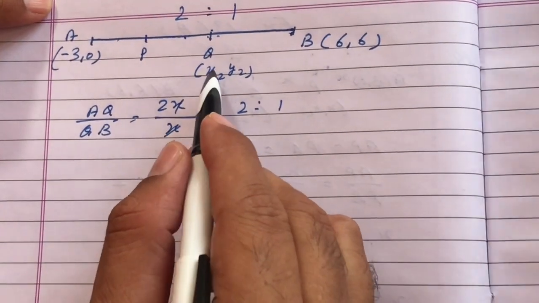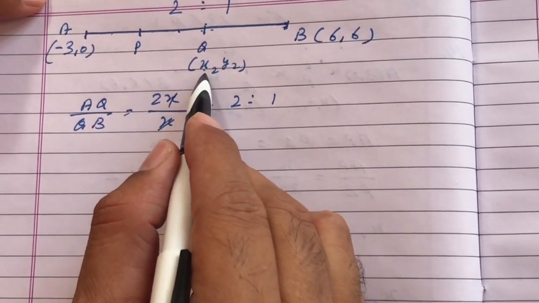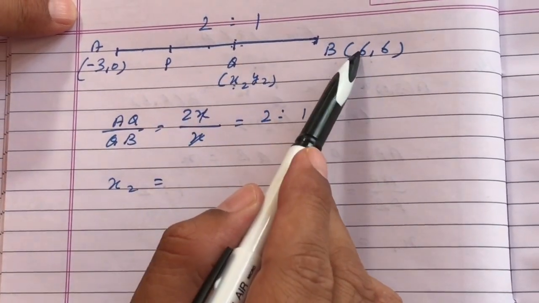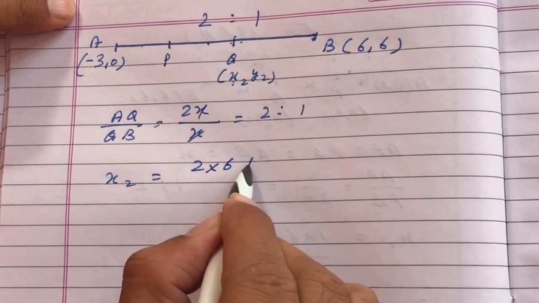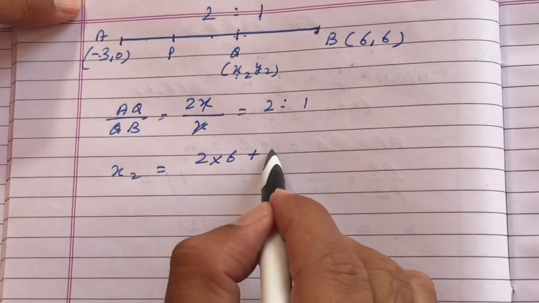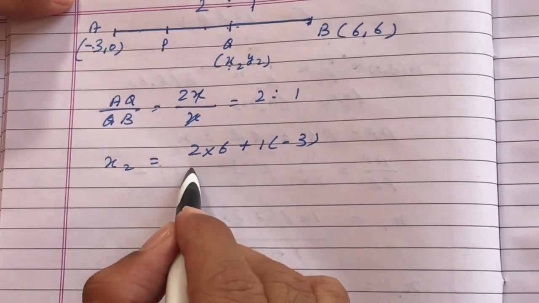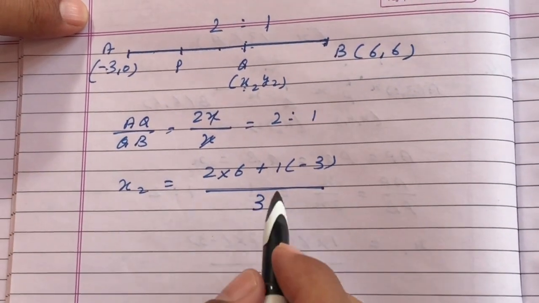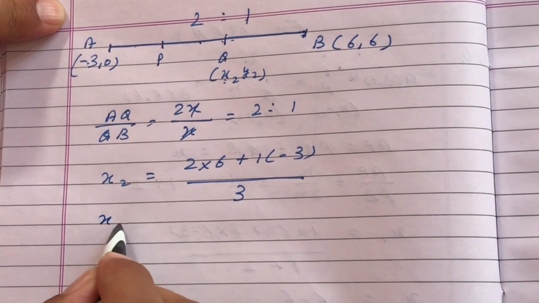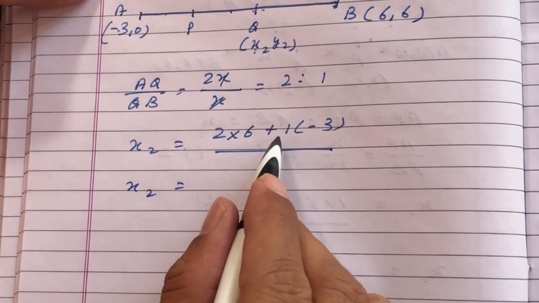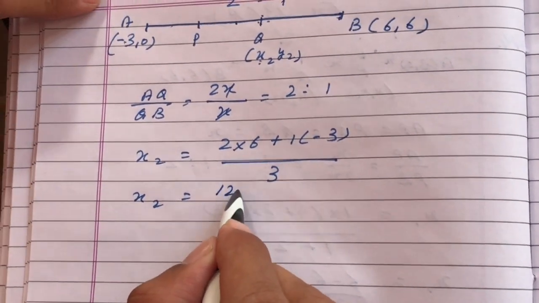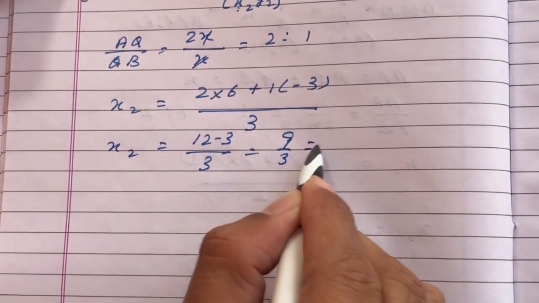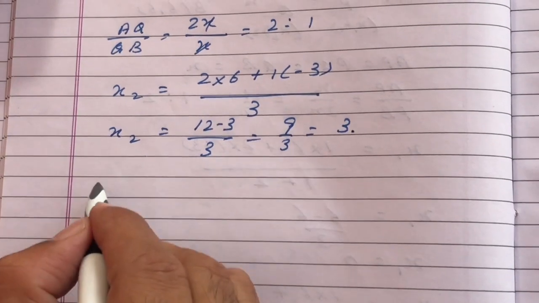So for Q, the coordinates are x2 and y2. So x2 is m1 x2 plus m2 x1 upon m1 plus m2, 2 plus 1 is 3. I write directly: 6 times 2 is 12, 12 minus 3 upon 3, 9 upon 3. It is 3.